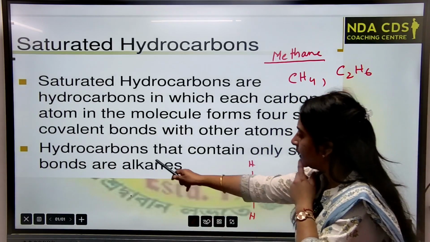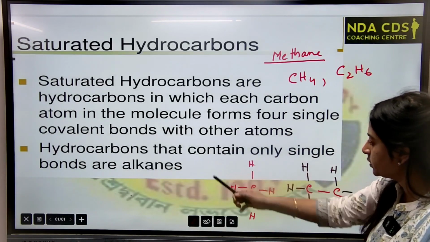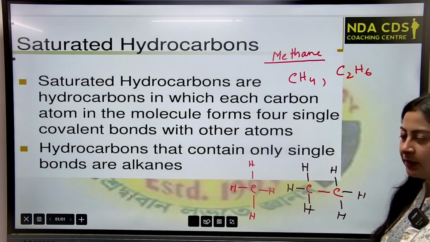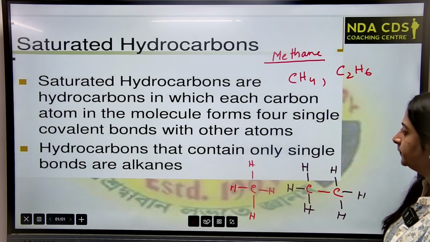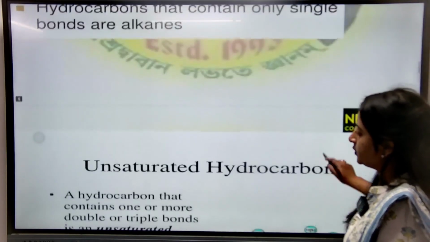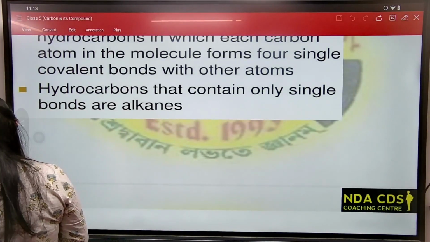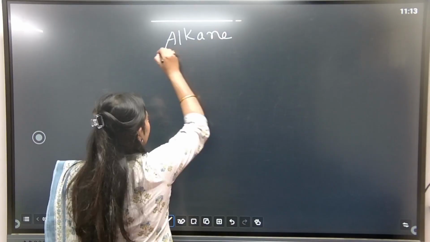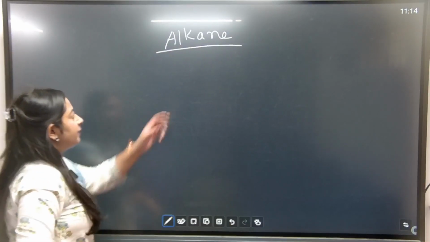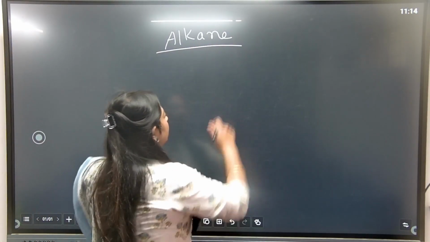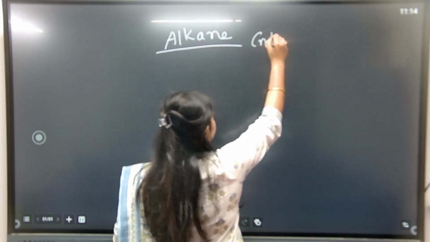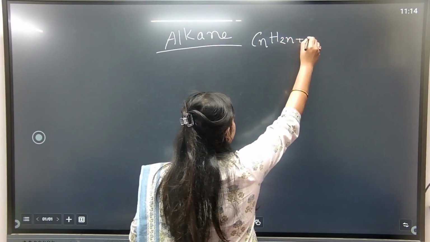तो लास्ट में लिखा है hydrocarbons that contain single bonds are alkanes. Let's study about alkanes. Okay? Saturated के बारे में पढ़ेंगे. First we will see about alkane. Alkane, that's the name, ending with ANE. And the general formula is CnH2n+2.